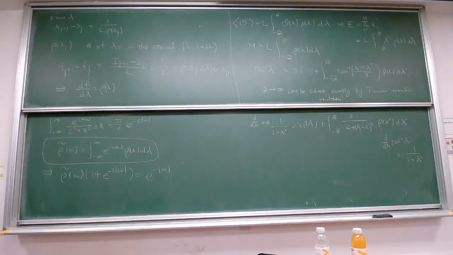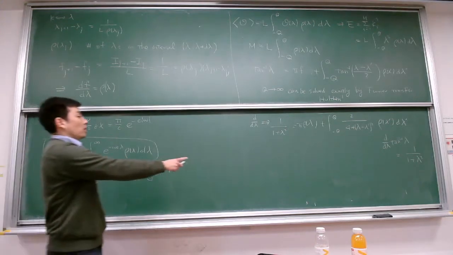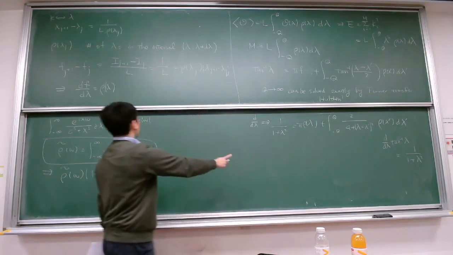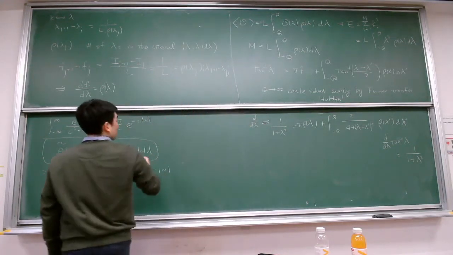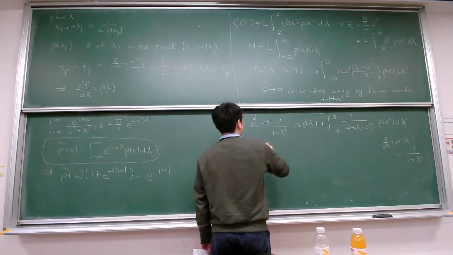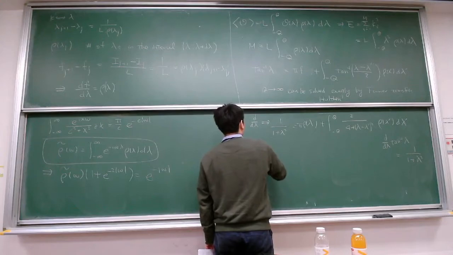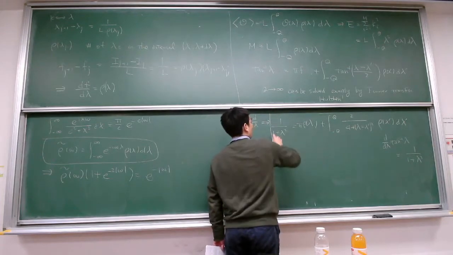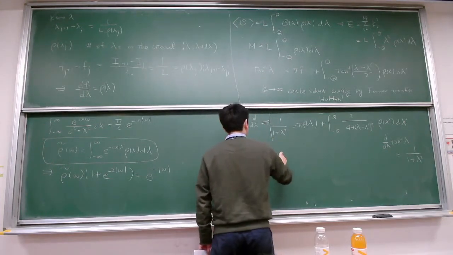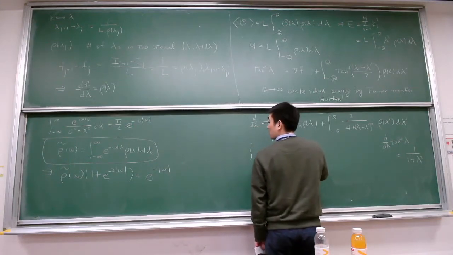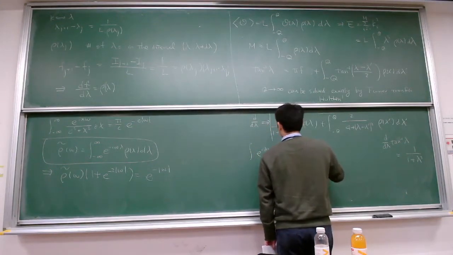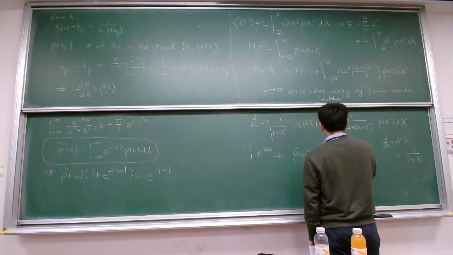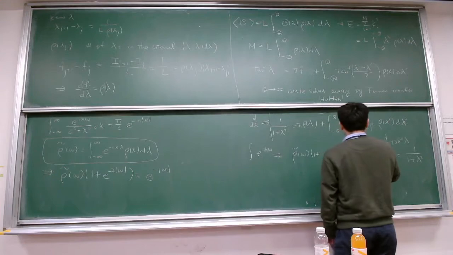So should I do that? Maybe I should do that. From the left hand side, as you can easily see, if you plug this into the Fourier transformation, e to the i x omega, and plug in this equation, it will give you rho tilde omega times 1 plus e to the minus 2 omega is equal to e to the omega.